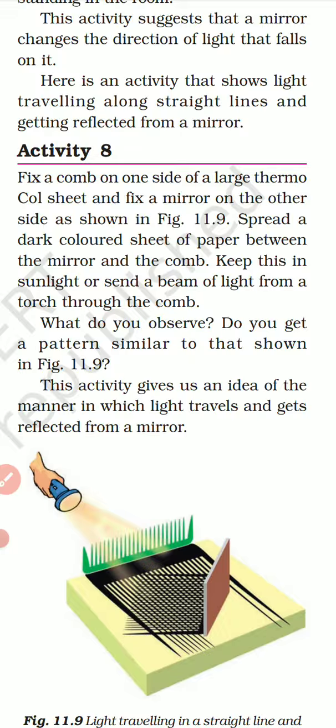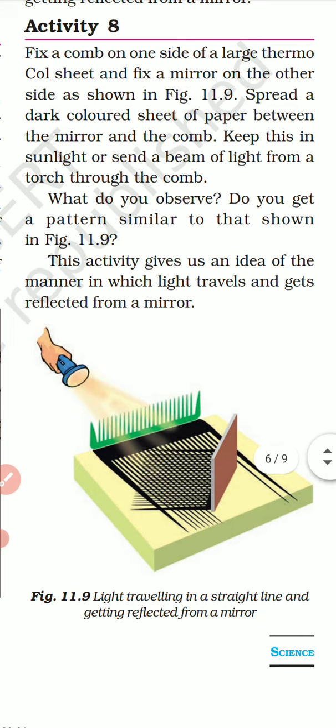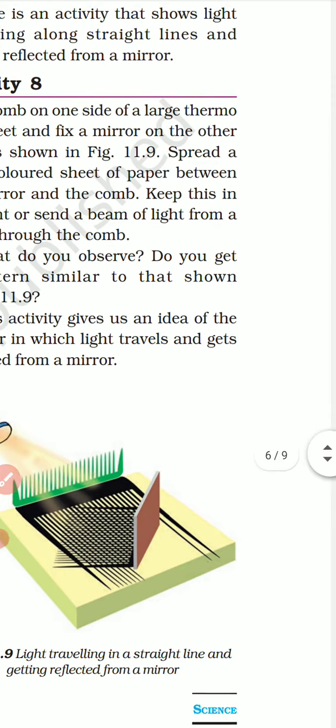What do you observe? Here also you will get a pattern similar to that shown in the figure. Alright. So there is one pattern of the comb, another which is coming from the mirror is the reflection. So this activity gives us an idea of the manner in which light travels and gets reflected from the mirror. Alright, so this diagram also you have to draw, children.